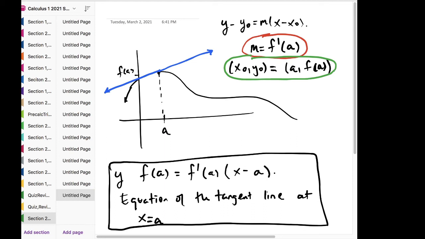Usually, like in the homework and quiz, they probably want you to write it in slope-intercept form. So you'd have to solve for y, but this would be your setup. Okay, let's do an example.